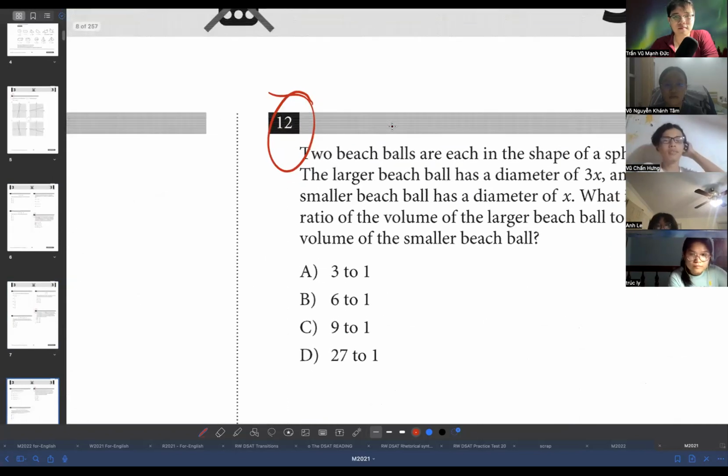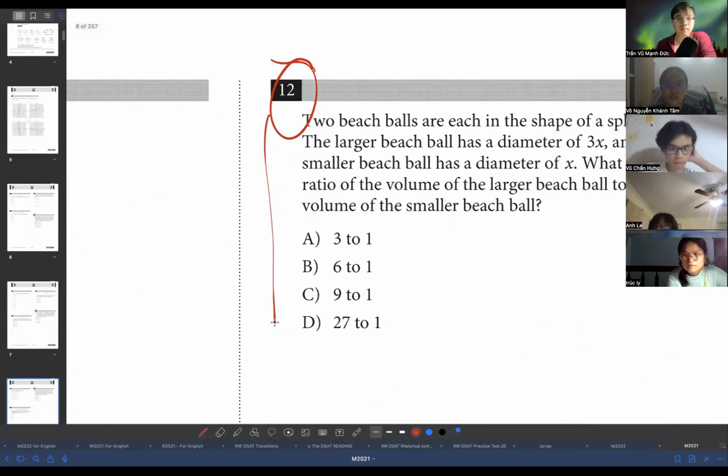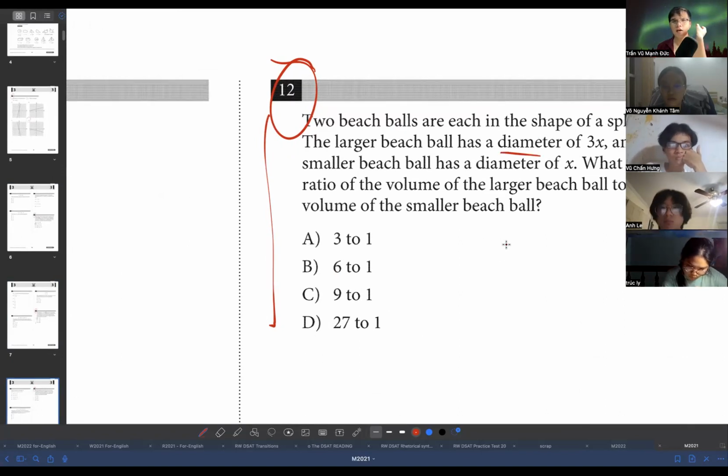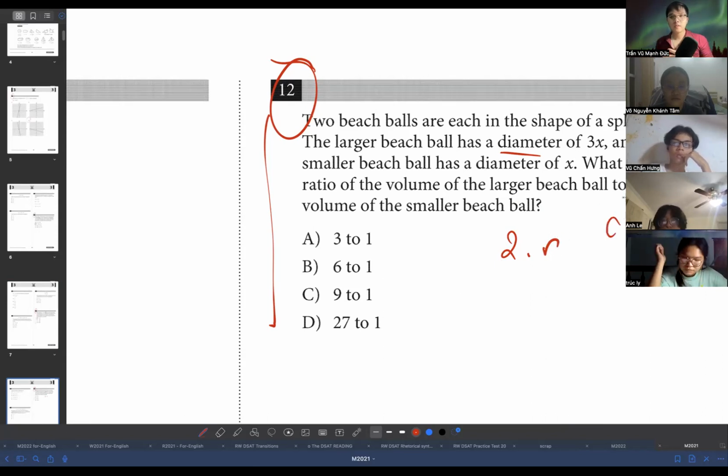12 is D. Let's see. The larger beach ball has a diameter. So this is essentially the diameter question, but diameter is two times the radius. If you're taking the ratio, you can just divide D1 by D2.